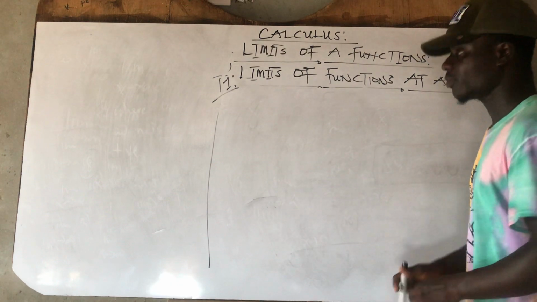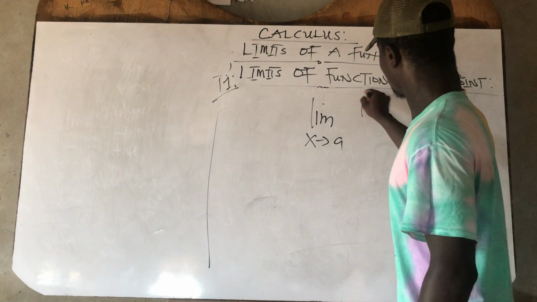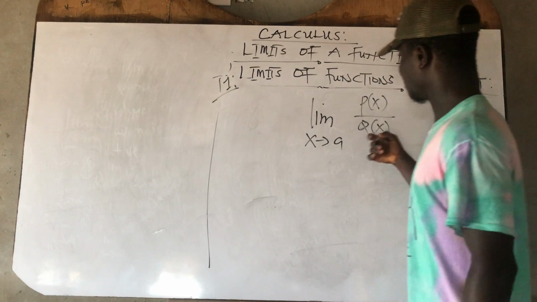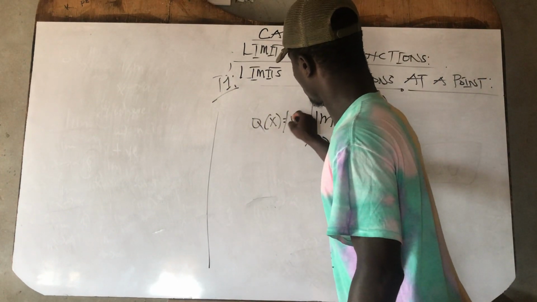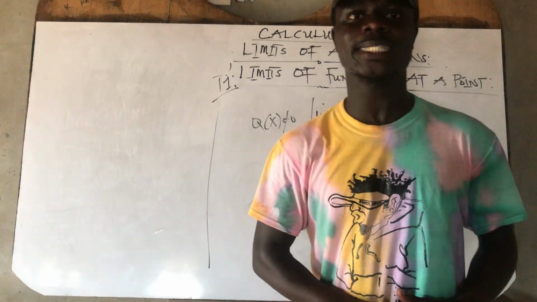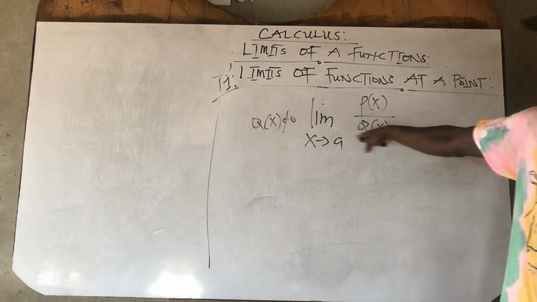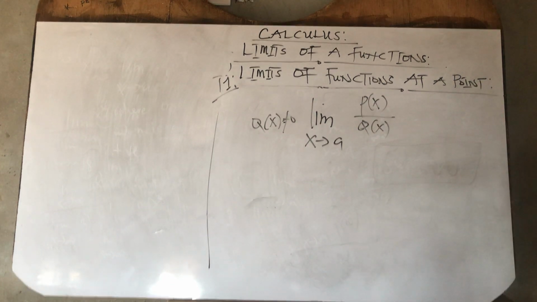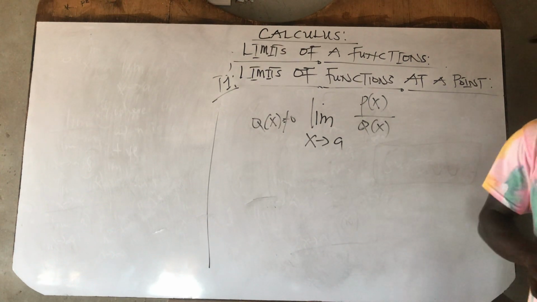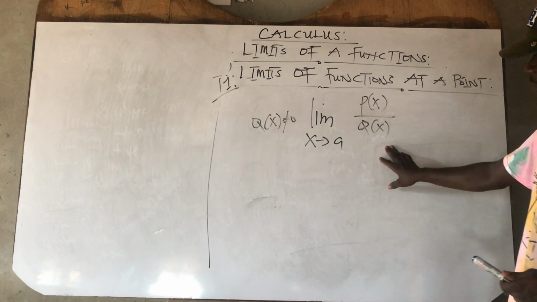So we have the limit as x approaches a of p of x over k of x, provided k of x is not equal to 0. If k of x is 0, then the function does not exist.